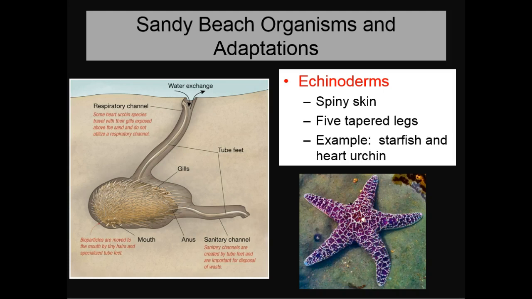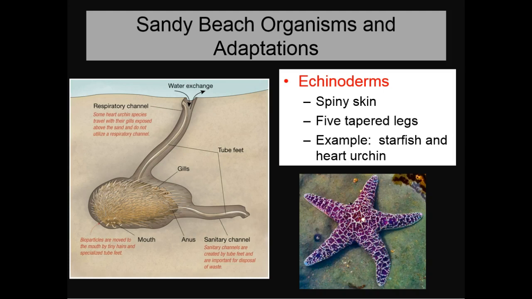Here's an example of echinoderms. We have two different echinoderms here. We have a starfish on the right, the purple starfish looking like a star. Over on the left, we have a heart urchin. Sea urchins are the ones that look like spiky balls. Well, this one looks kind of like a Valentine heart if you look at it from the top view, and it digs itself down into the sand, so it's an infauna, and then it puts out a respiratory channel so that it can breathe and get water.